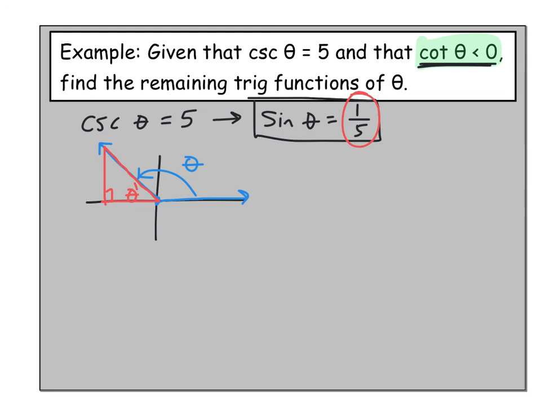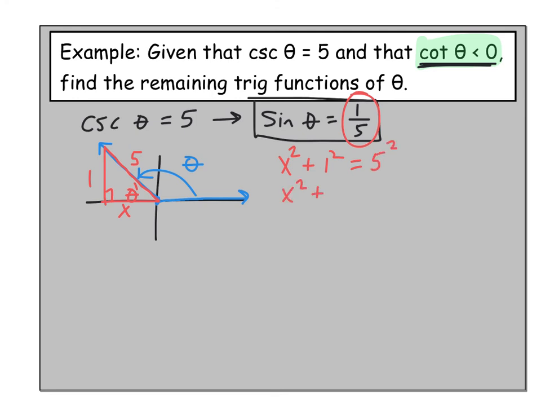That means the opposite side is 1, that's always the vertical side, and the hypotenuse is 5. In this case we don't know the adjacent side, x, but we can find it using the Pythagorean Theorem. Just keep in mind, we're going to go with the negative value of it because we are actually in quadrant 2. So the Pythagorean Theorem says that x squared plus 1 squared equals 5 squared.